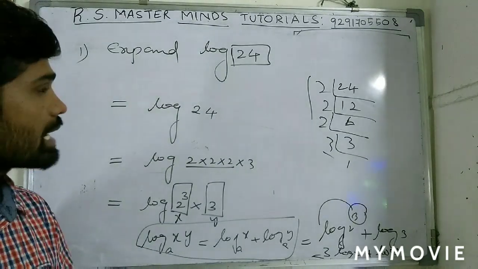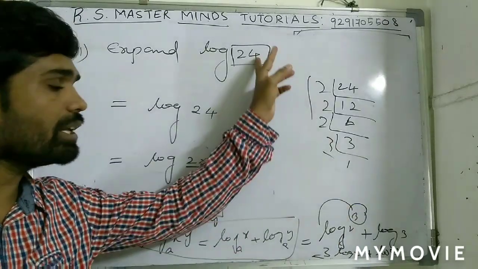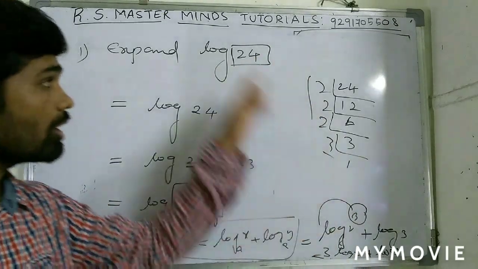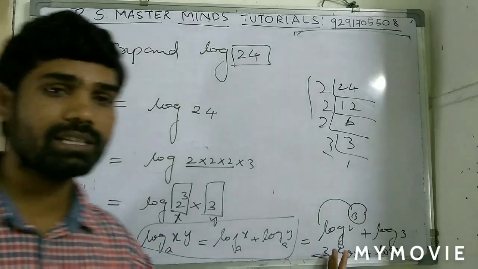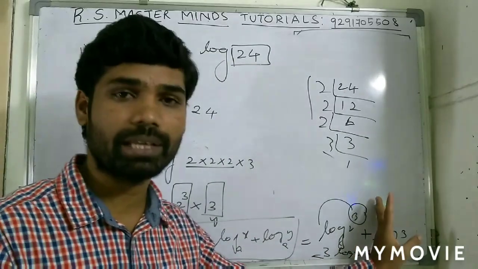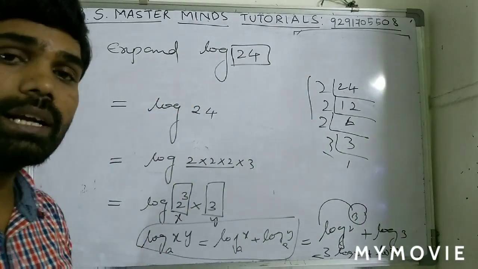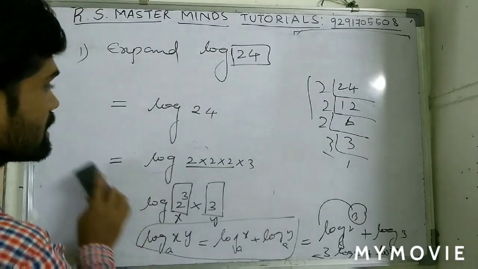So from a single value, 24, we have expanded it like this. Here we applied the log xy formula and the log x power m formula. Please understand the way of solving. Let us see one more example.